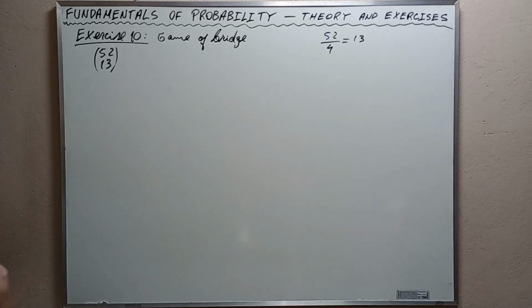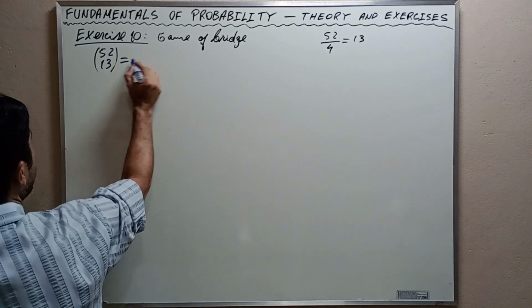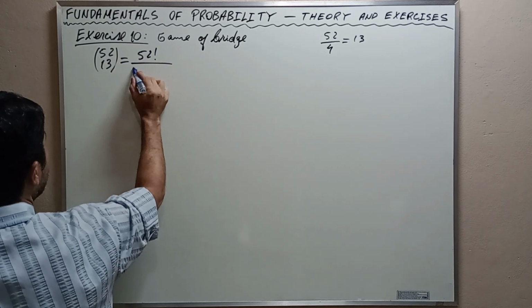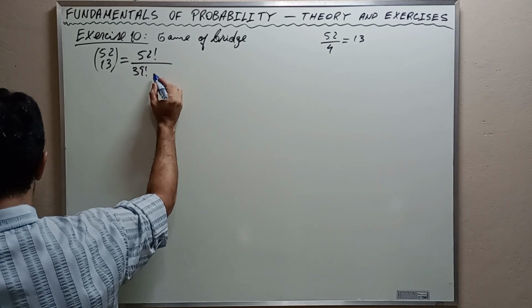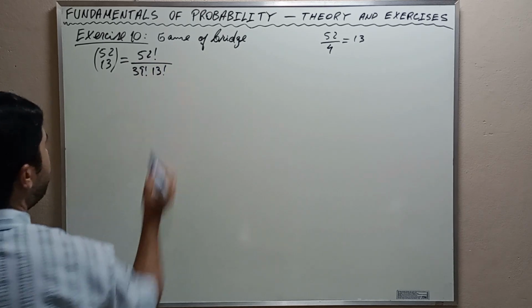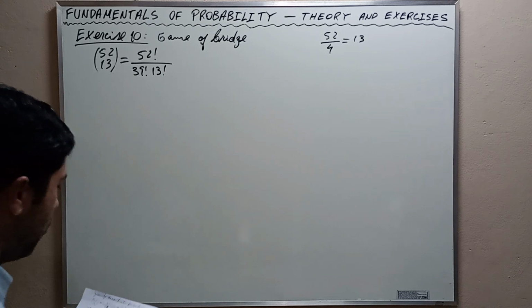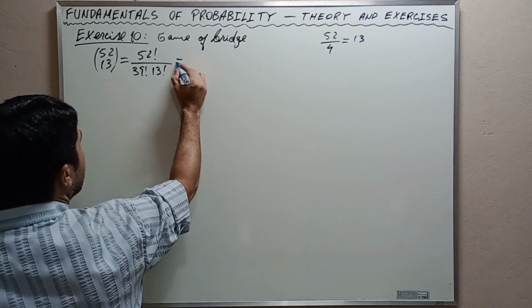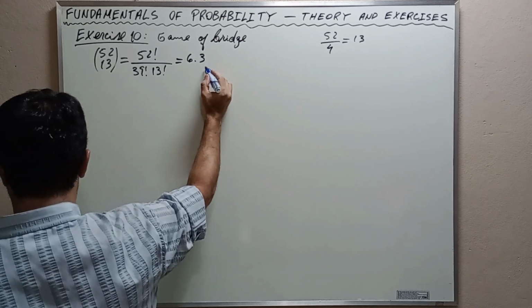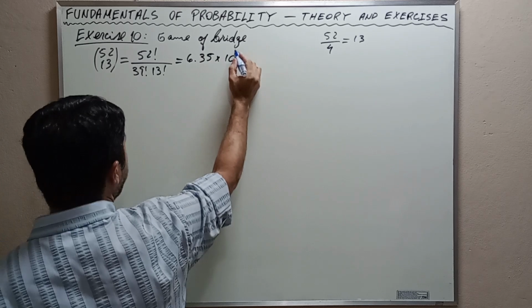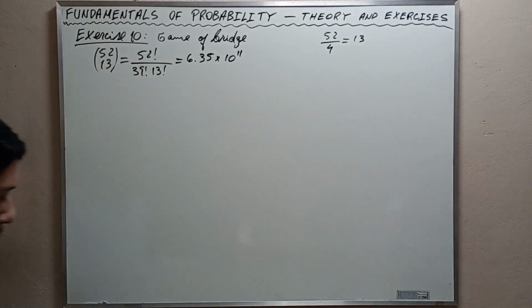Alright? And this is equal to 52 factorial divided by 39 factorial times 13 factorial, and this is equal to 6.35 times 10 to the 11 possible hands, okay?